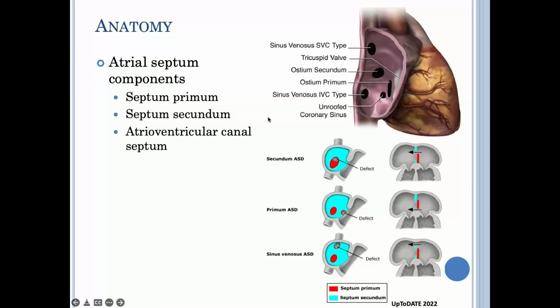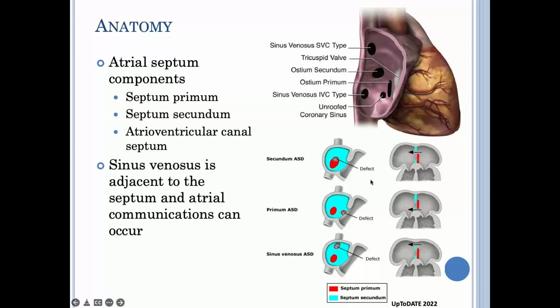So in terms of anatomy, there are several components to the atrial septum, as I mentioned, primum, secundum, and the atrioventricular canal septum. And depending on where a defect might happen, we can get various types of ASDs that I'll discuss, but this is a nice figure that shows some of them, like the SVC type, sinus venosus defect, IVC type, ostium primum, ostium secundum, and their relation to the other structures in the heart.